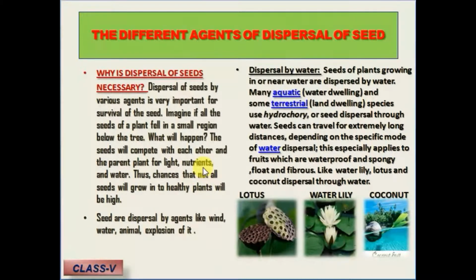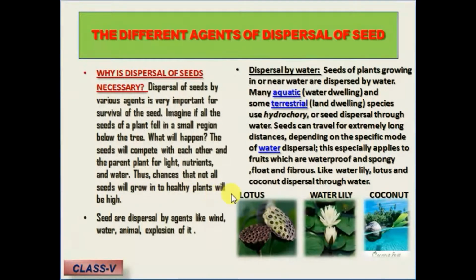That means under the tree, the seeds are gathered and they fight for survival to get the light, nutrients and water. Thus, the chance that not all seeds will grow into healthy plants will be high.